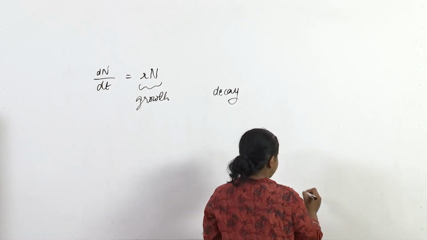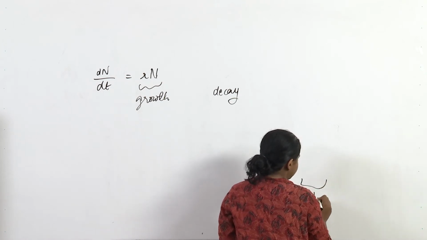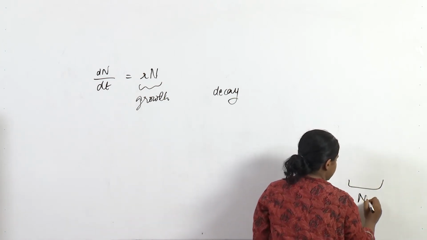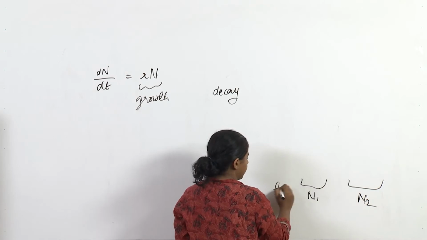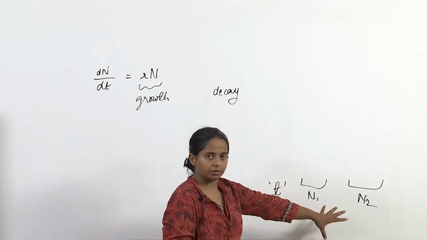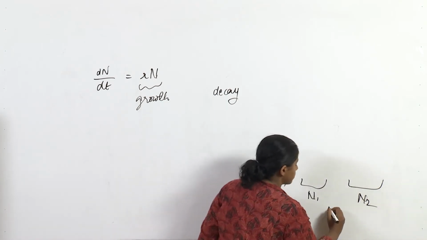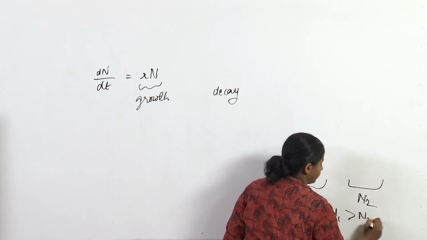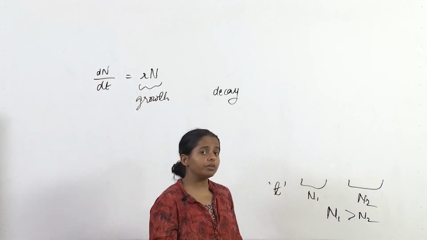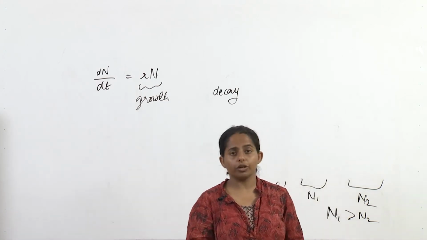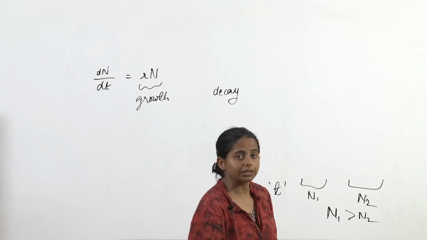Let's say we have two microbial communities, and at any given time t one has N1 number of microbes and the other has N2 number of microbes, and they have exactly the same resources, but you know that N1 is much larger than N2. Now tell me, which one will have more decay going on in its microbial community?